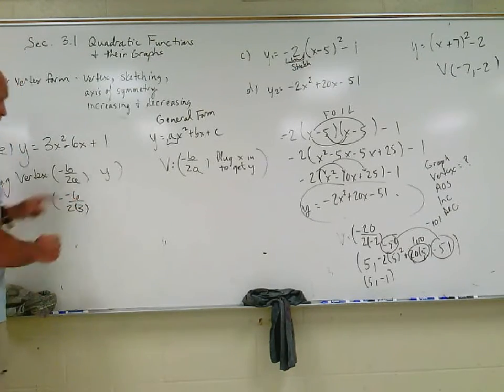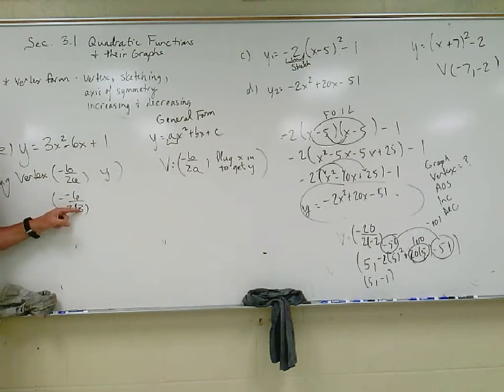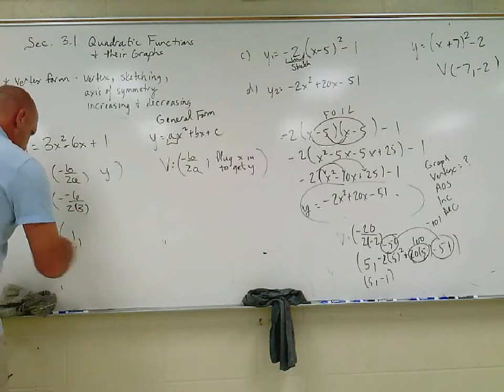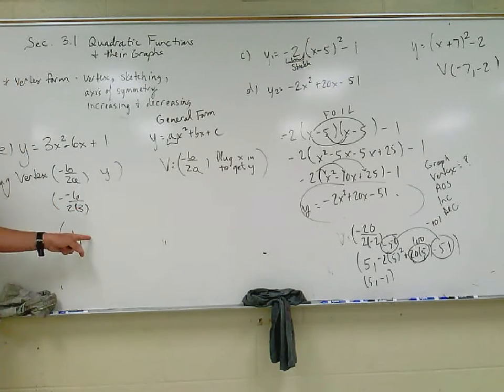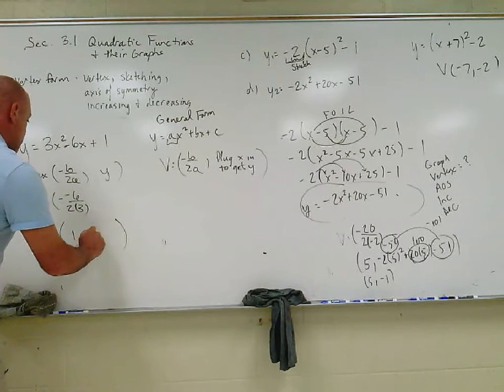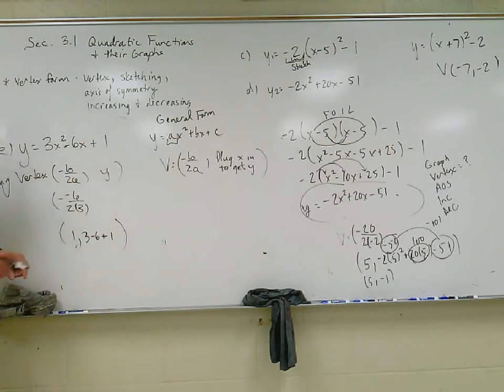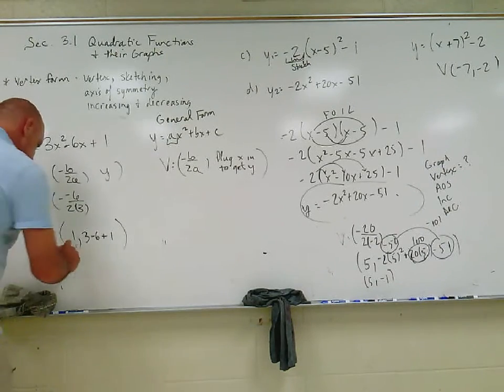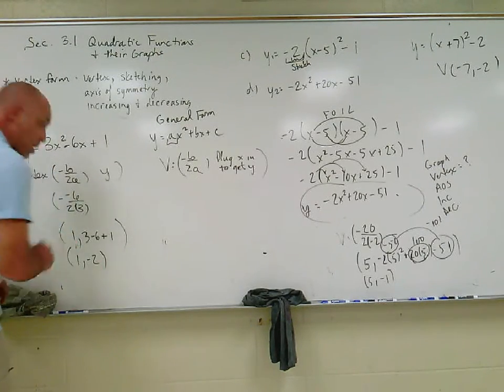Well, we end up getting 6 over 6, which is 1. Then I still need the y part of the vertex. Yeah, I plug a 1 in. So I like to just do my work right here. So if I plug a 1 in, I'd get 3 minus 6 plus 1, which is what? Negative 2.